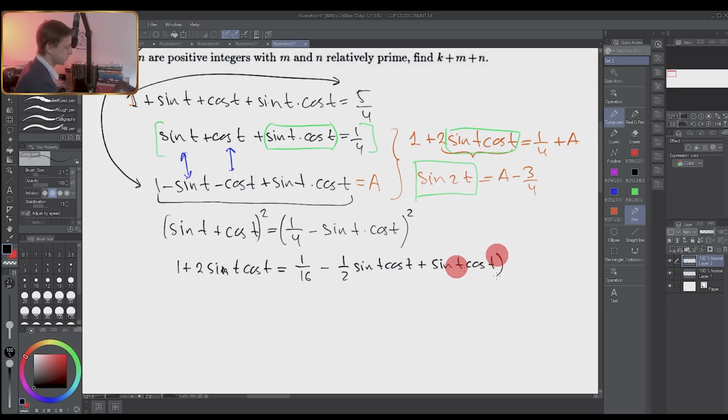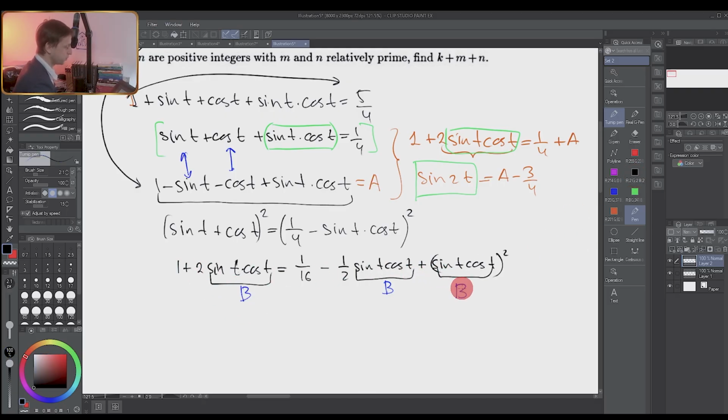times cosine t squared. And here you can already see that you don't need to drag this big expression sine t times cosine t all over. You can immediately recognize that it is present everywhere, and you don't need to keep it in this form. You can introduce some new variable, for example, b, and this will simply be an equation for b.